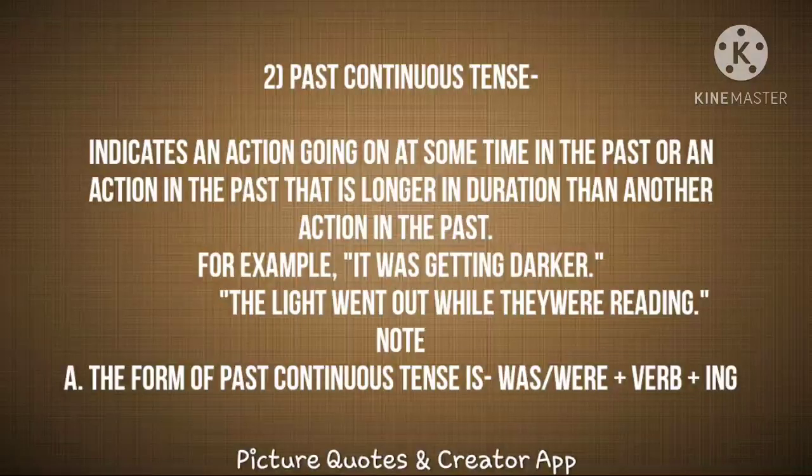Another example: the light went out while they were reading. Here two actions are there. One action was a continuous one, which took a long duration, so that can be said in past continuous tense.